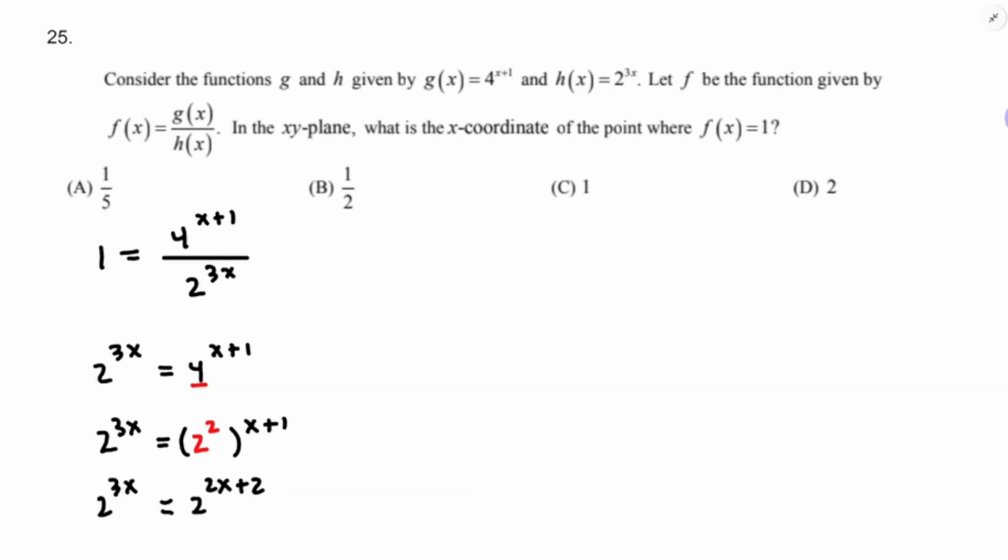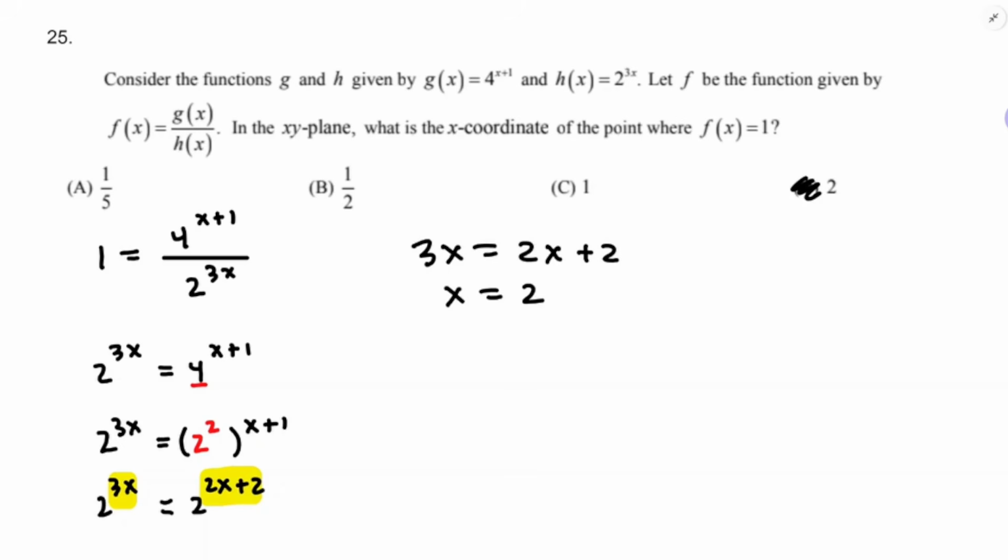I'm going to have to double the exponent, multiply the 2 times x plus 1. I'll distribute the 2 over the x and the 1. At this point, I can see 3x is going to need to equal 2x plus 2. Then I'll subtract 2x from both sides, and I'll realize x needs to equal 2.